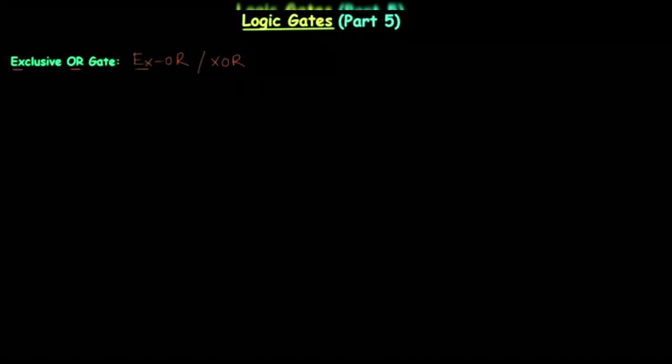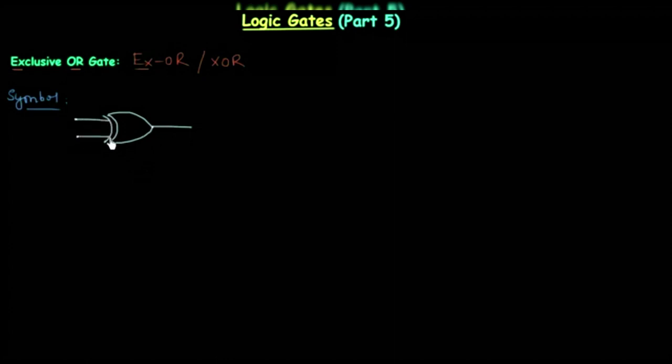The first thing that we have to complete is symbol of XOR gate. First we'll make symbol of OR gate. This is the symbol of OR gate, and we'll modify the symbol like this. So this is the symbol of XOR gate.